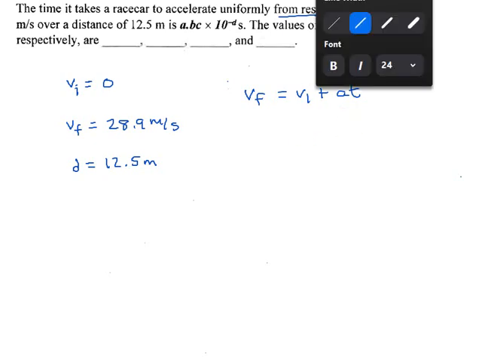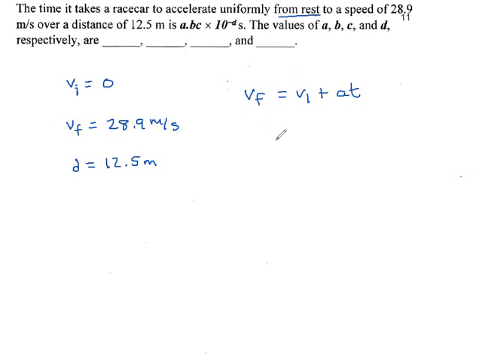We don't have the acceleration at the moment, but we can get it because this formula, which is a champ, it's been helping with a lot of these problems, can do it for us again. 28.9 squared, 0 squared, 2 times an A we don't know, times they told us the displacement is 12.5 meters. So let's see what we can get from there.